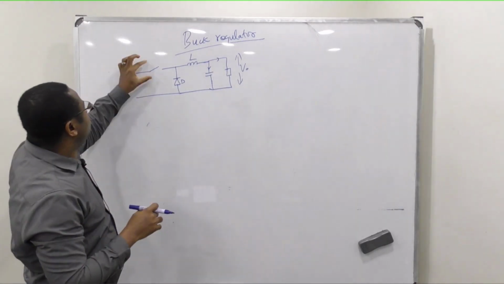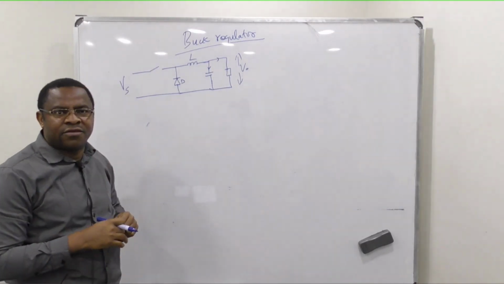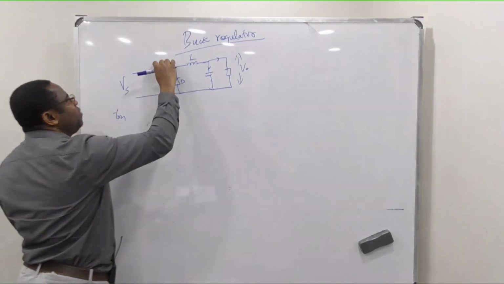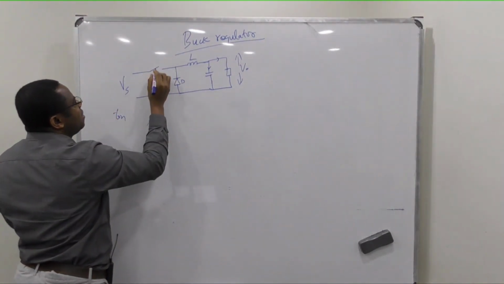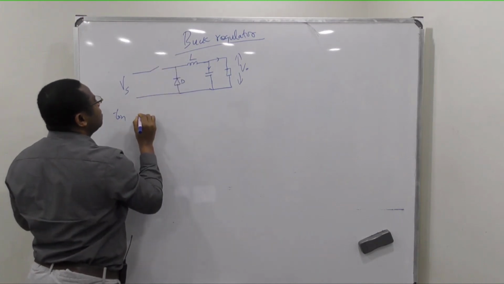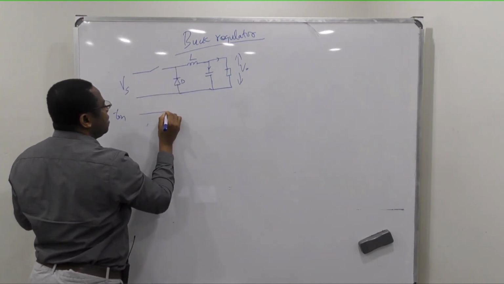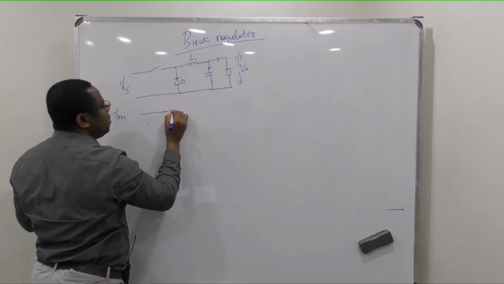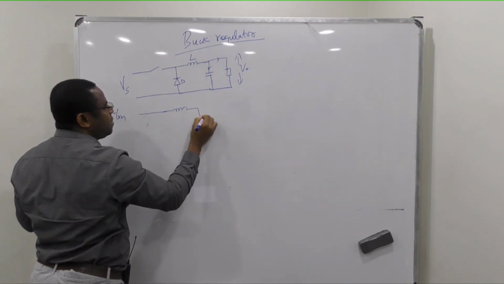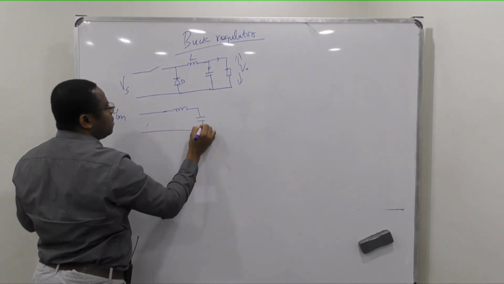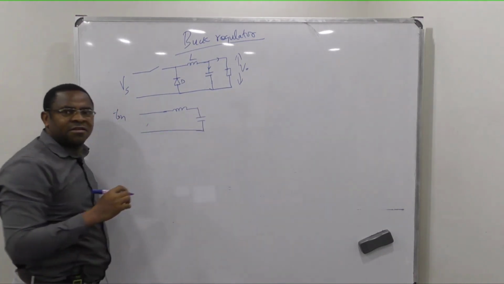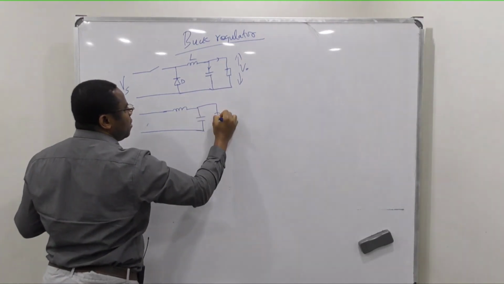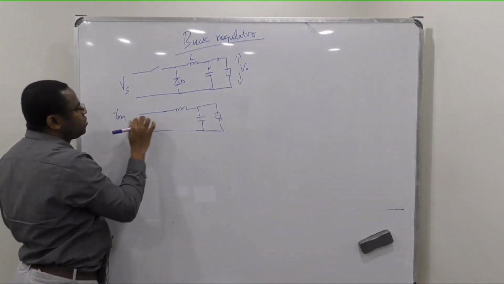Remember, we want to turn this on and off. When the switch is on, current cannot flow through the diode because it is reverse biased. We can complete the load, but we just want to see what happens when you turn this on.